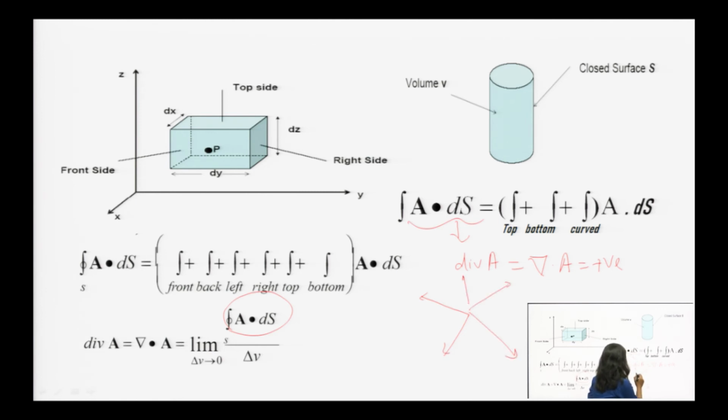Field is diverging outward. If the value of this divergence is negative, it means that the flux or field is converging, like this, converging at that point P.